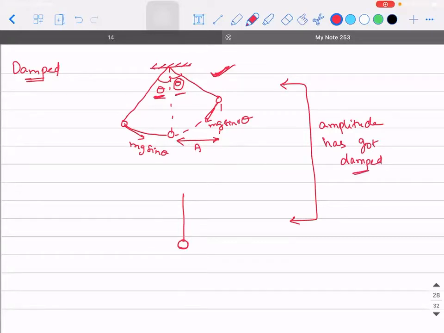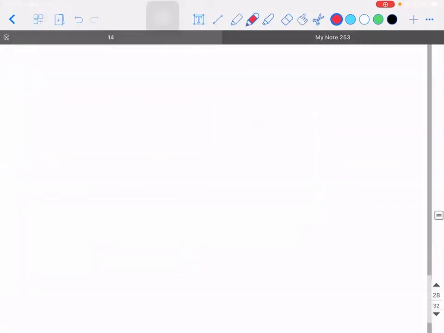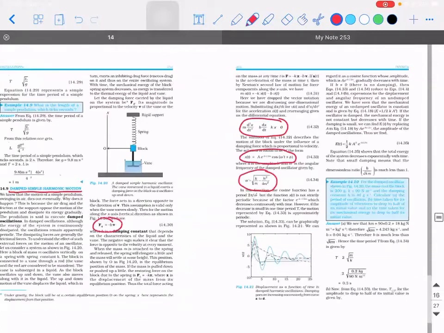Damping means the decrease in amplitude, and the decrease in amplitude obviously happens because of a resistive force acting on the system, and that resistive force is what is given here. This is the only thing you need to know.